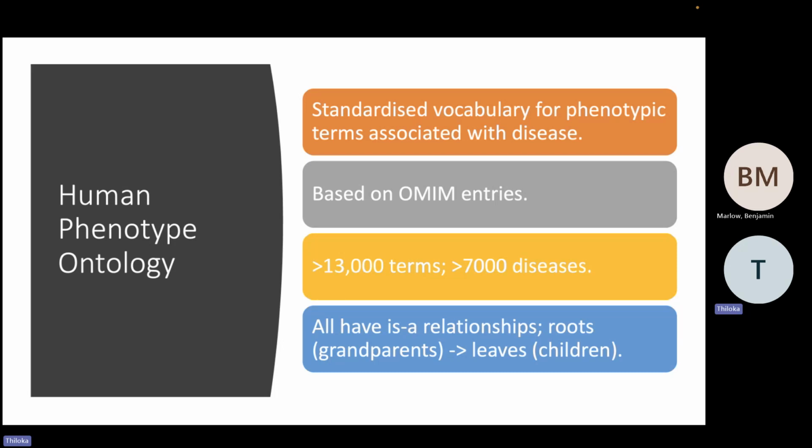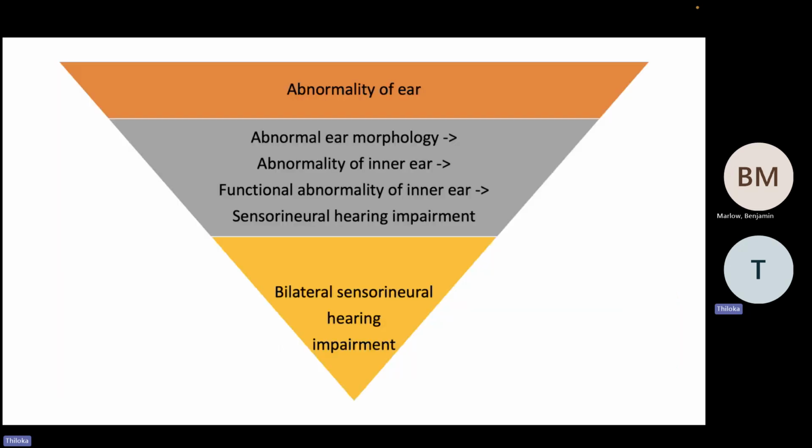The roots are the grandparent terms, as in the very broad terms, and the leaves are the children terms. So if you see that you have a patient with bilateral sensorineural hearing impairment, that's your most specific term in this "is a" relationship. And it goes back through the ontology up to phenotypic abnormality, which is the broadest term.